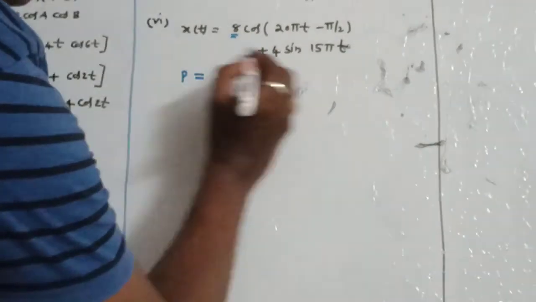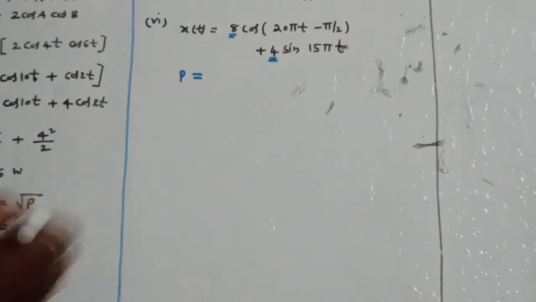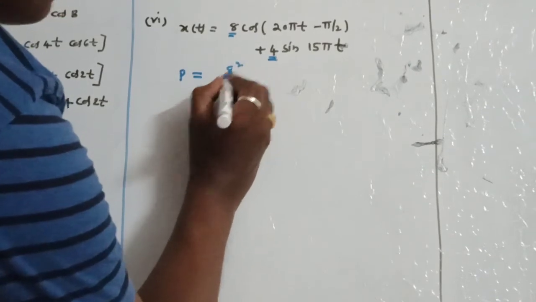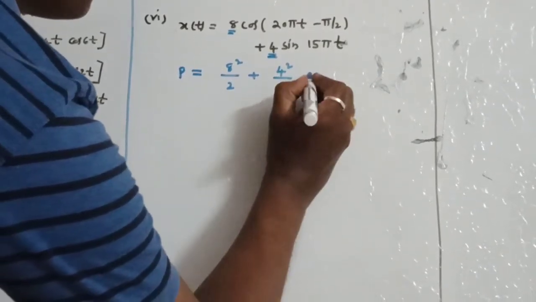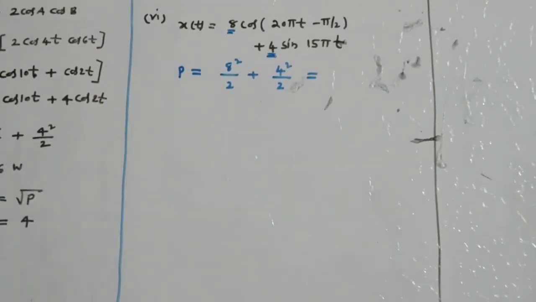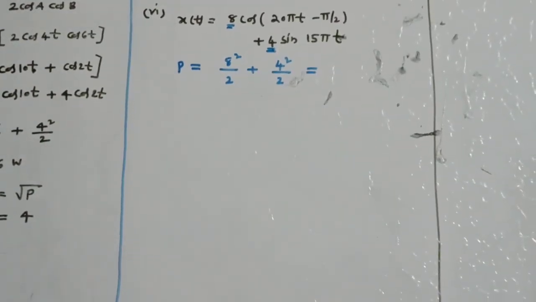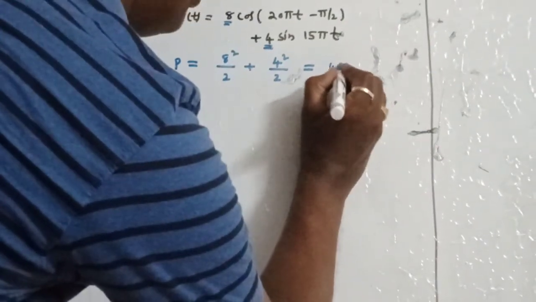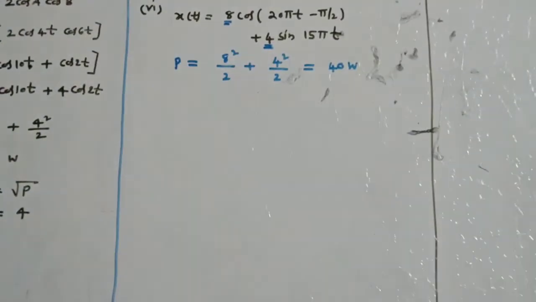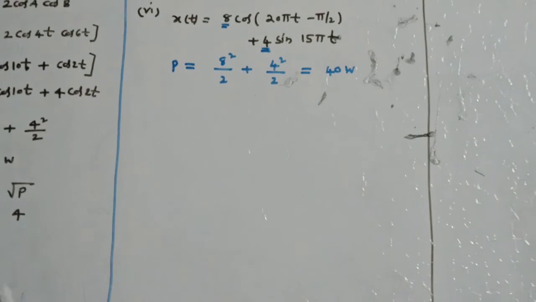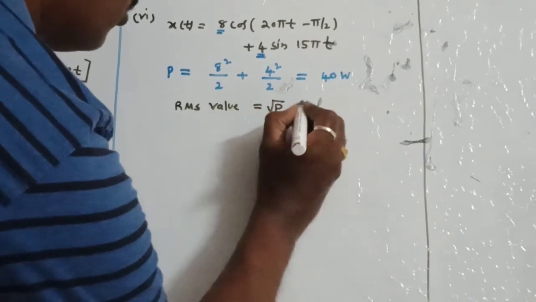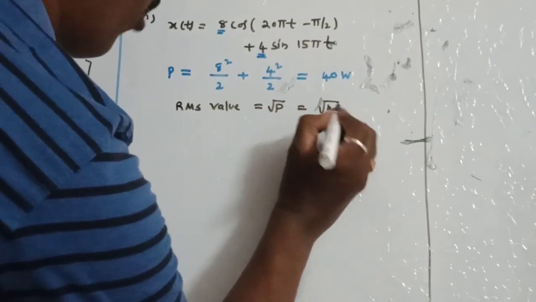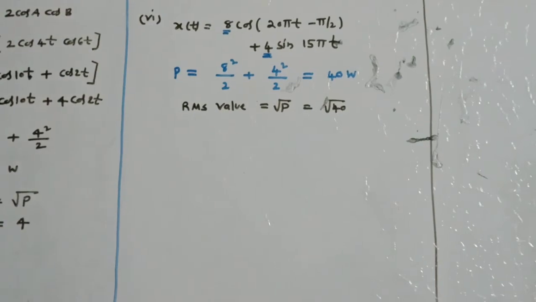There is an A1 amplitude and an A2 amplitude. So the power is 8 square by 2 plus 4 square by 2, and you can get the answer as 40 watts. And what is the RMS value? The RMS value is the square root of power, that is square root of 40. This is the simple answer for this problem.